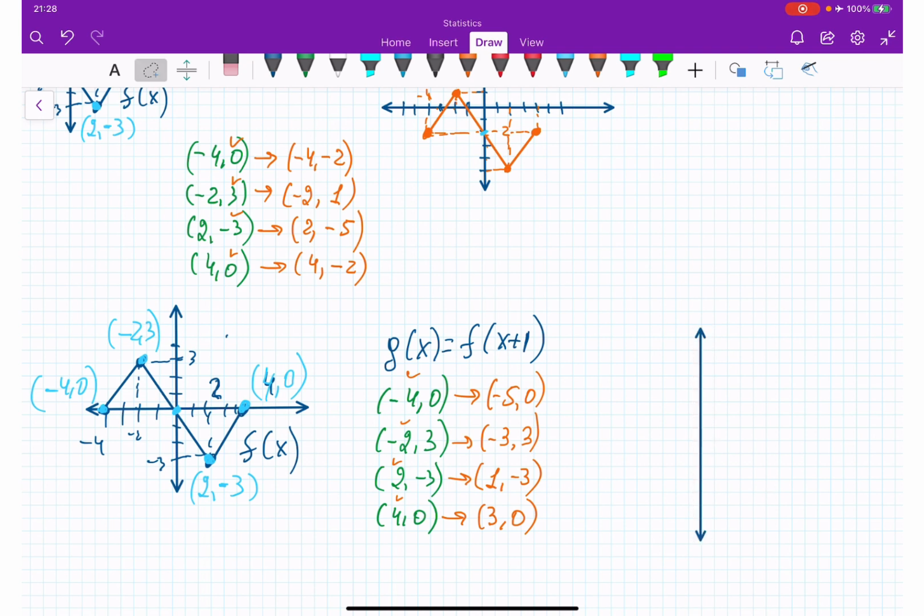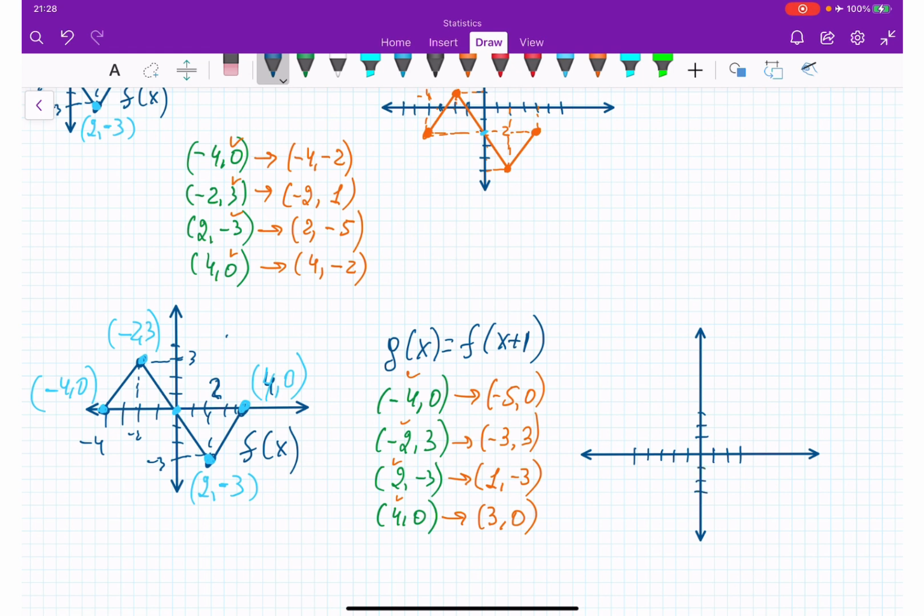I'm going to go here 1, 2, 3, 4, 5. Here I'm going to go 1, 2, 3. That's all I need. Up I'm going by 3. Down I'm going by 3. 1, 2, 3.